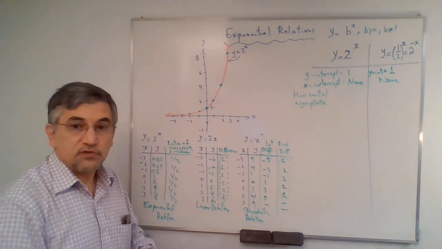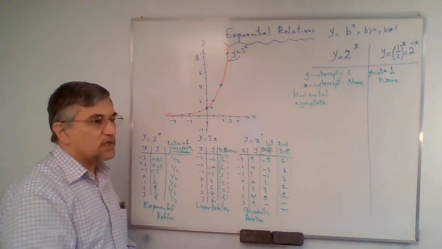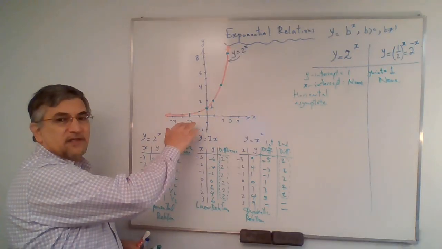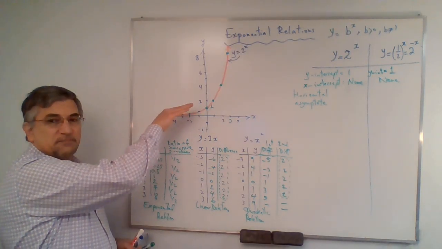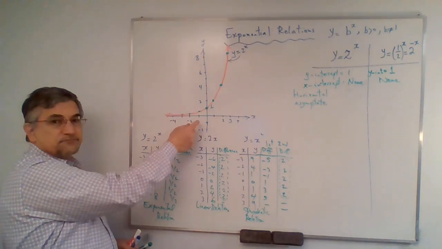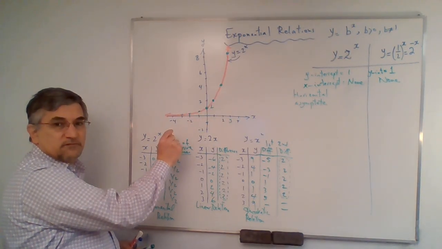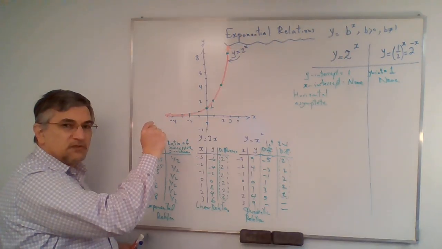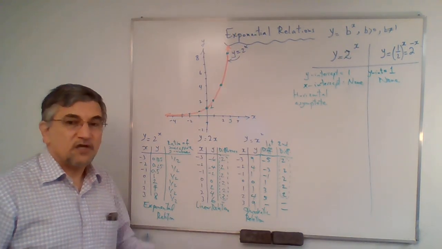It could be vertical, horizontal, or even slant. In this case, it's a horizontal asymptote, and that's a line that the curve is sort of attached to, because as the curve approaches the line, the distance between the curve and the asymptote becomes smaller and smaller. So basically, the curve approaches this line but never touches it.